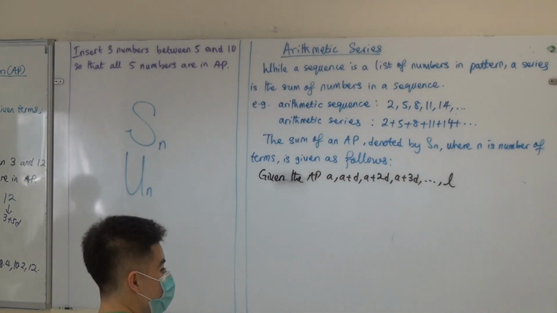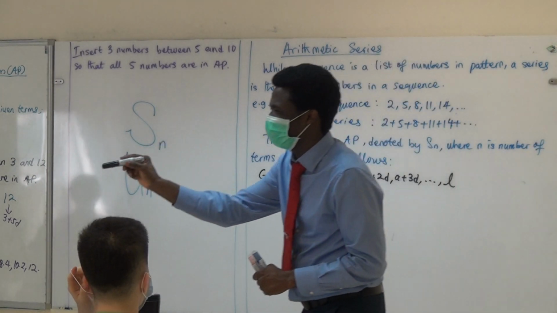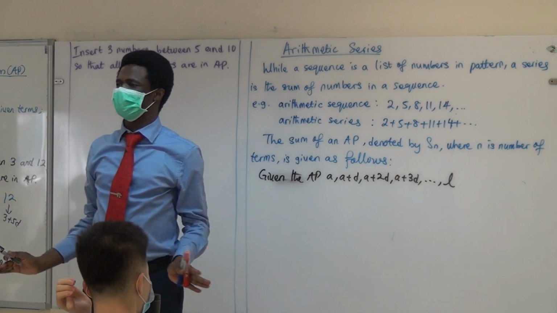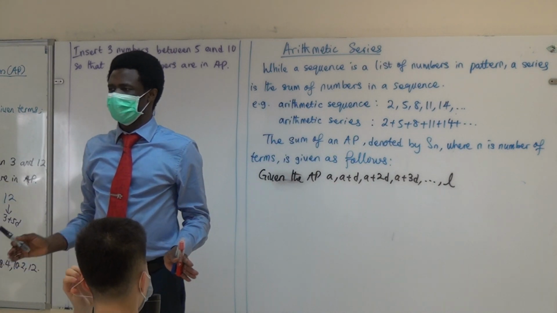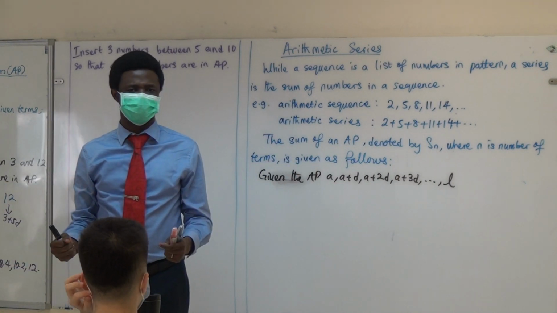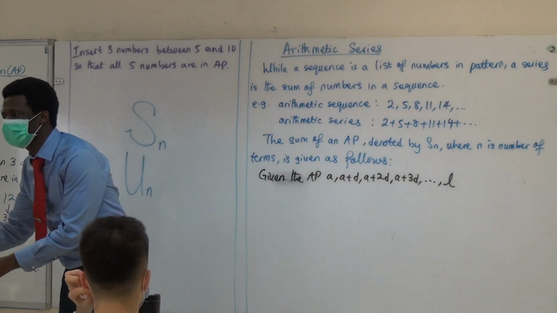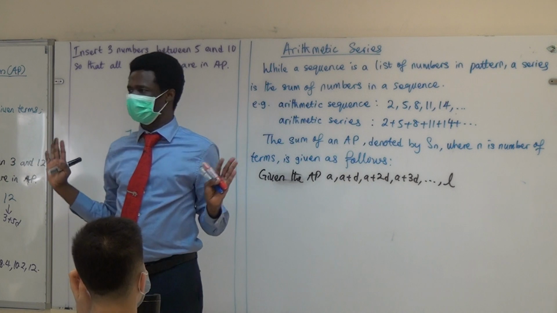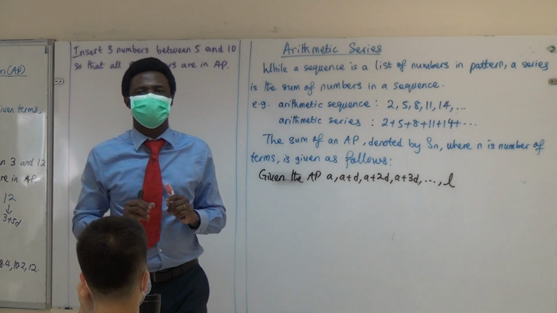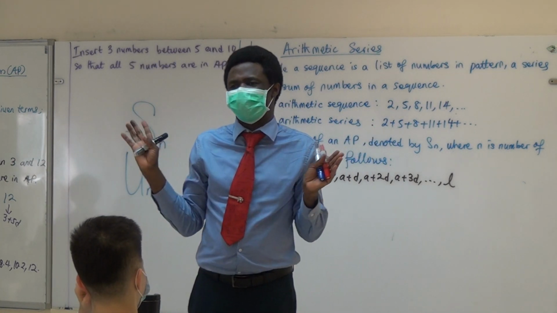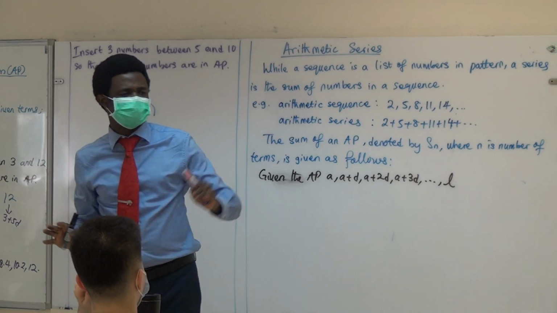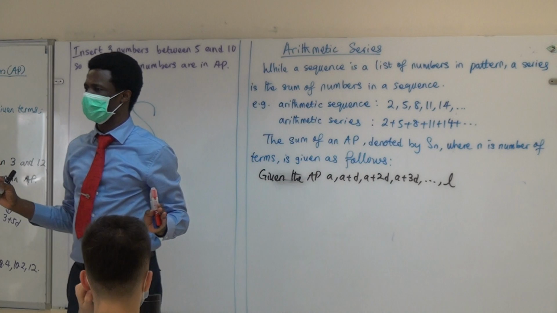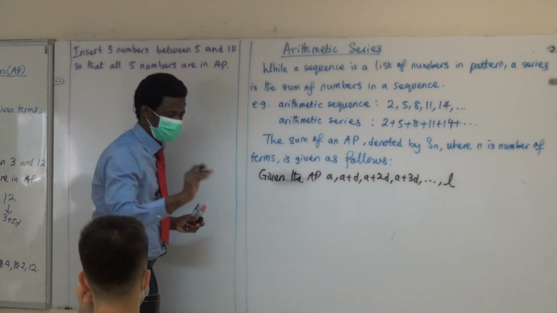She's number 1, it's number 2, number 3, and maybe she's the last person. Then we have considered everybody. We're interested in the summation from the first to the last, and that will be the sum of the AP. I don't need to say sum of the first 4 or sum of the first 5. Once I say sum of the AP, it means add from the first term to the last term. Do we agree with that? Please don't write.